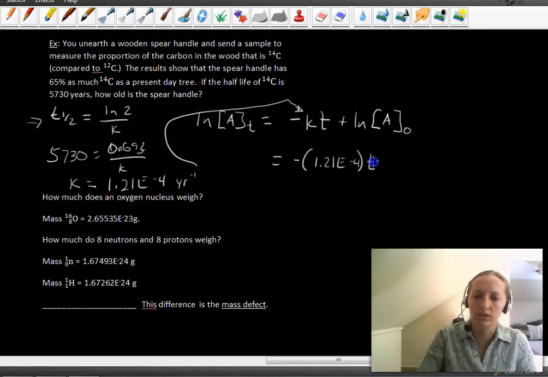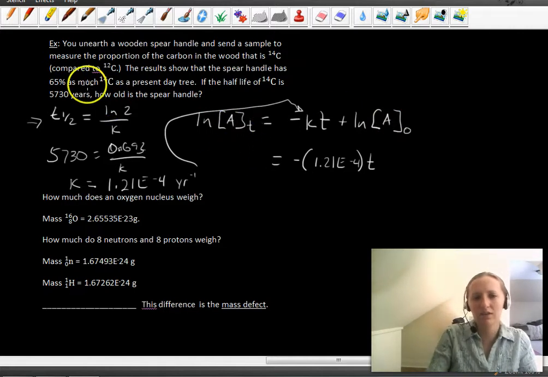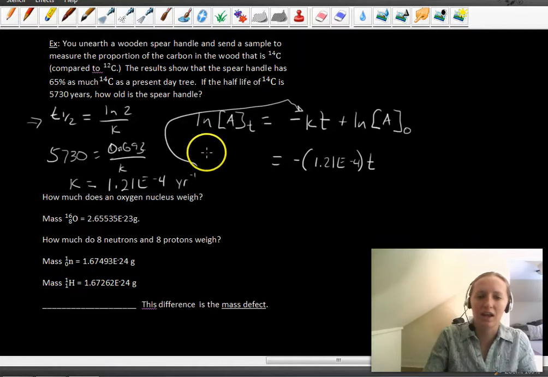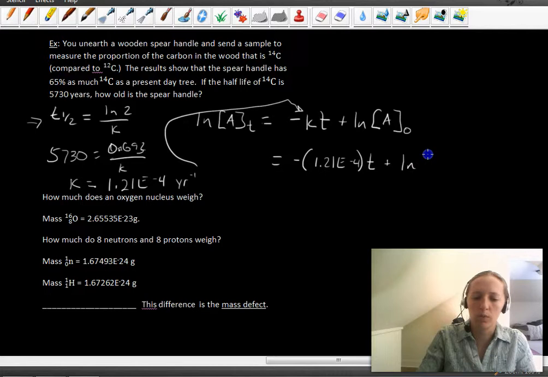We're trying to figure out how old it is. So what is the time that it currently is? And then these two, the A0 and the At, when they give it to you in terms of a percentage, what you can say is that at time 0, what was your percent concentration of A?